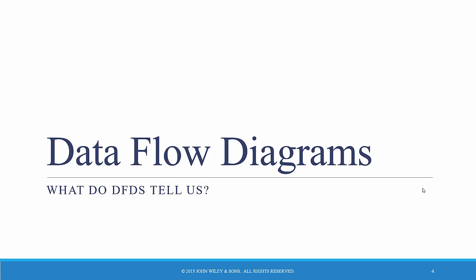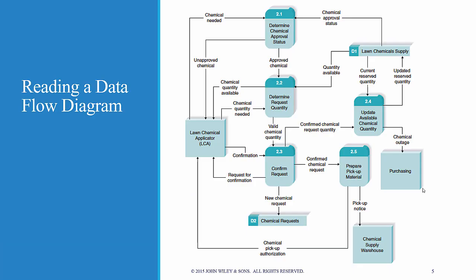What do DFDs tell us? Well, if you've seen Jordan Barlow's two videos, he does a good job of discussing the elements in a data flow diagram. However, he's a bit brief about it, so I'm going to elaborate a little bit. Here's a relatively complex data flow diagram. This would be a level 1.